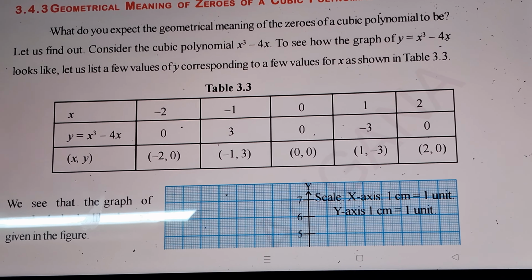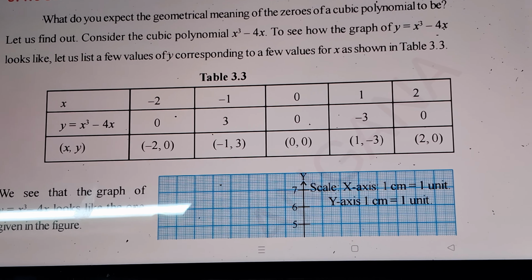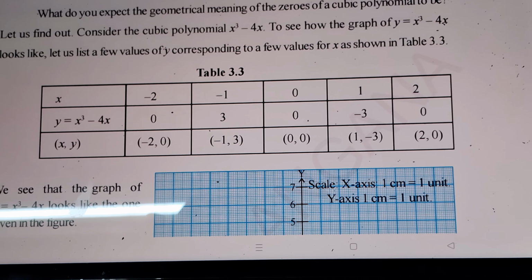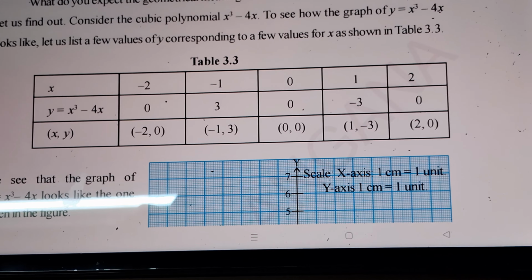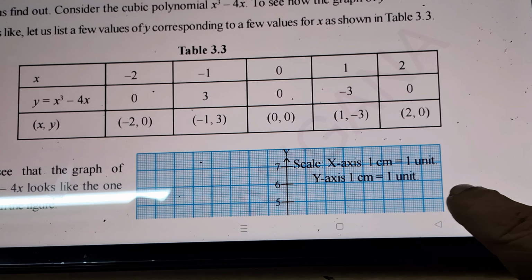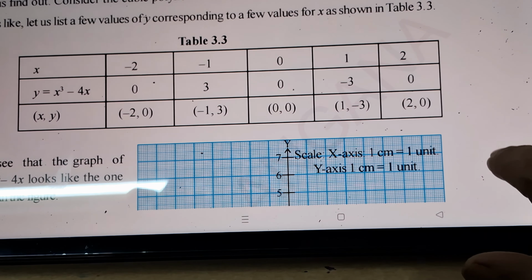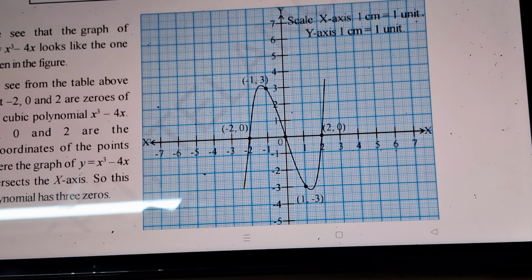This is a cubic polynomial. Actually, in your textbook, you don't have this kind of drawing of the polynomials in the graph, but only the graph will be given. You need to find out how many zeros are there in it. So let us have a graph that is given to you here. See children, this is a graph of a cubic polynomial.